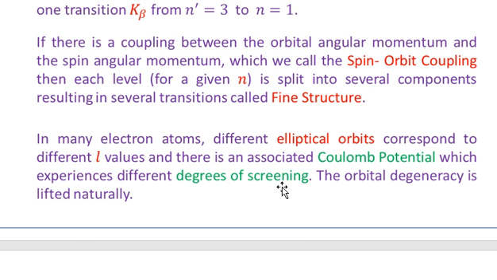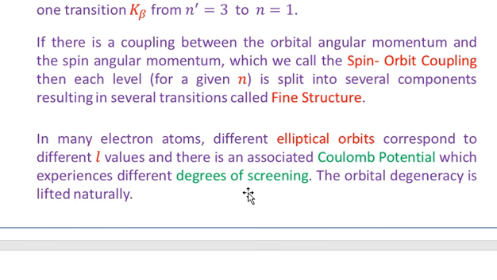So in the past, I have also discussed the elliptical orbits in much greater detail. To each elliptical orbit of the electron, there is an associated quantity which we also called the orbital quantum number L. Different elliptical orbits will face different Coulomb potential because of the different degrees of screening experienced by different electrons located in different shells.